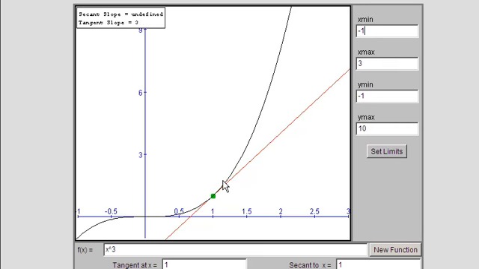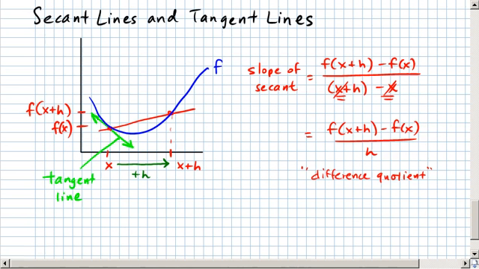What we've just seen in that Java sketch that I found on the web, and I'll post the web address of that, is as this h becomes 0, this point moves this direction, and the secant line becomes the tangent line.